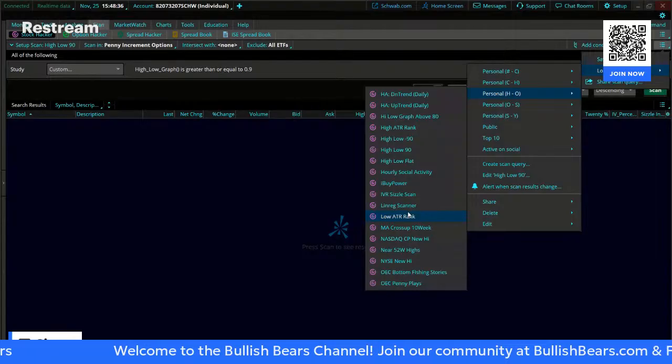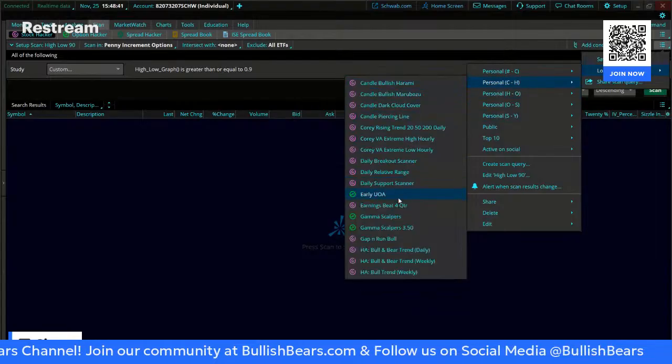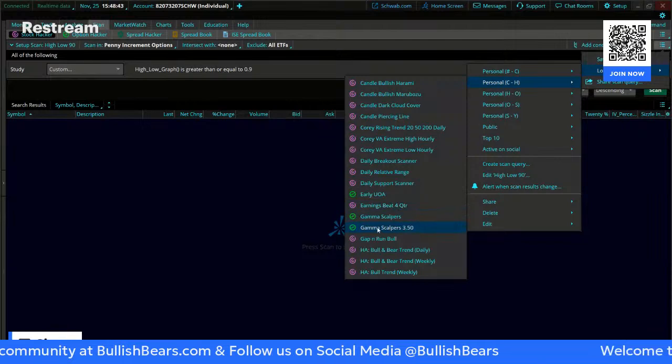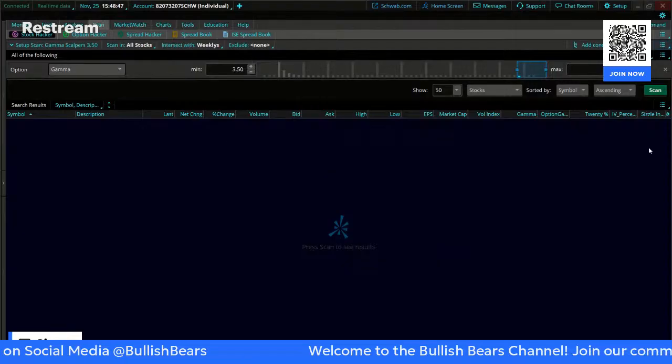Not the ones where you're looking at the sizzle. This is where we're looking at the options tab. Gamma scalpers. There we go. I think that's the scanner that we need. Yeah, 350 minimum.